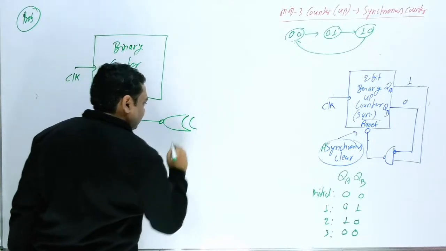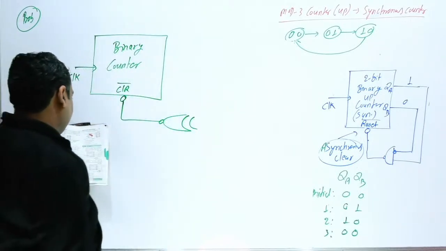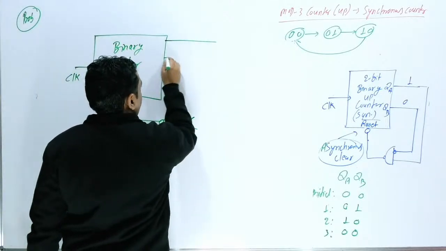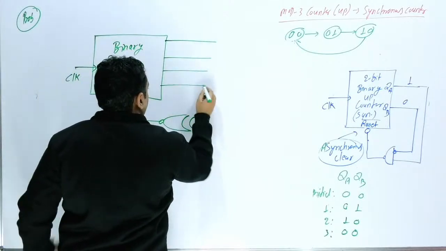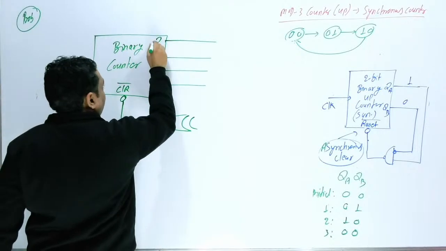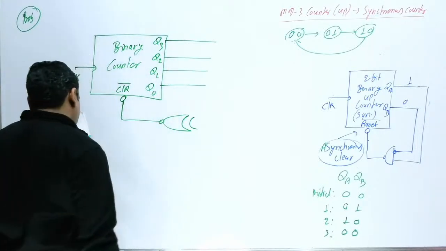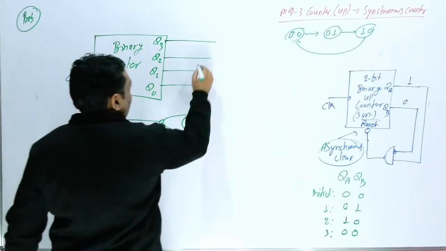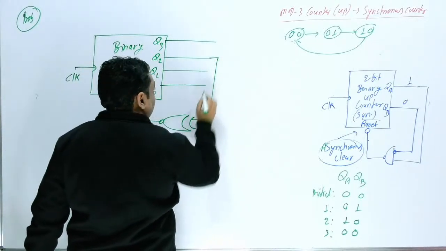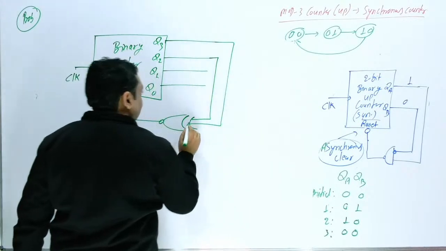There are 4 outputs: this is Q3, this is Q2, this is Q1 and this is Q0. The XNOR gate is connected with Q3 and Q2.